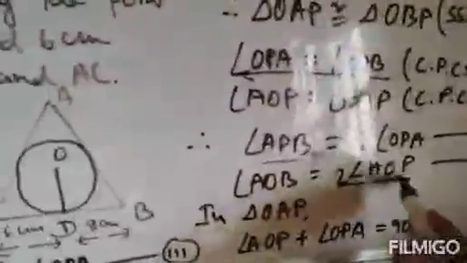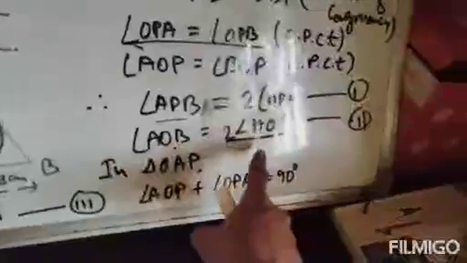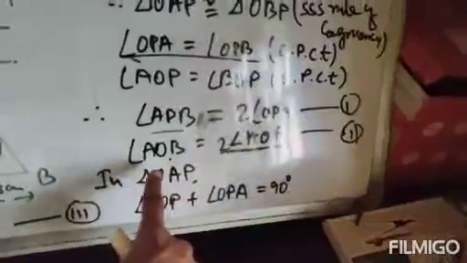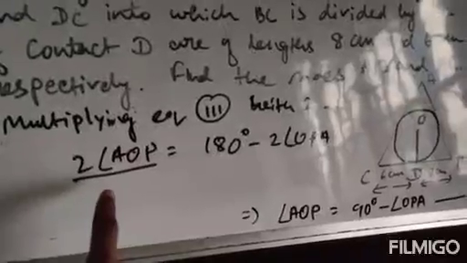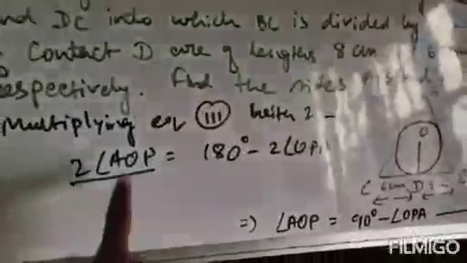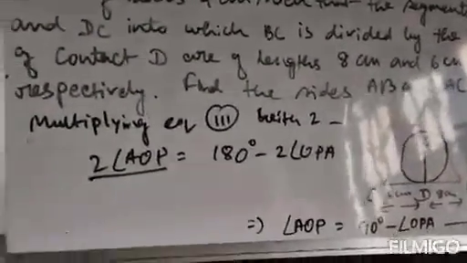Clear? Now see here, 2 of angle AOP is angle AOB. So we can substitute the value. See very carefully, here 2 angle AOP is angle AOB, and here also 2 angle AOP is present, so we can write angle AOB in place of 2 angle AOP.